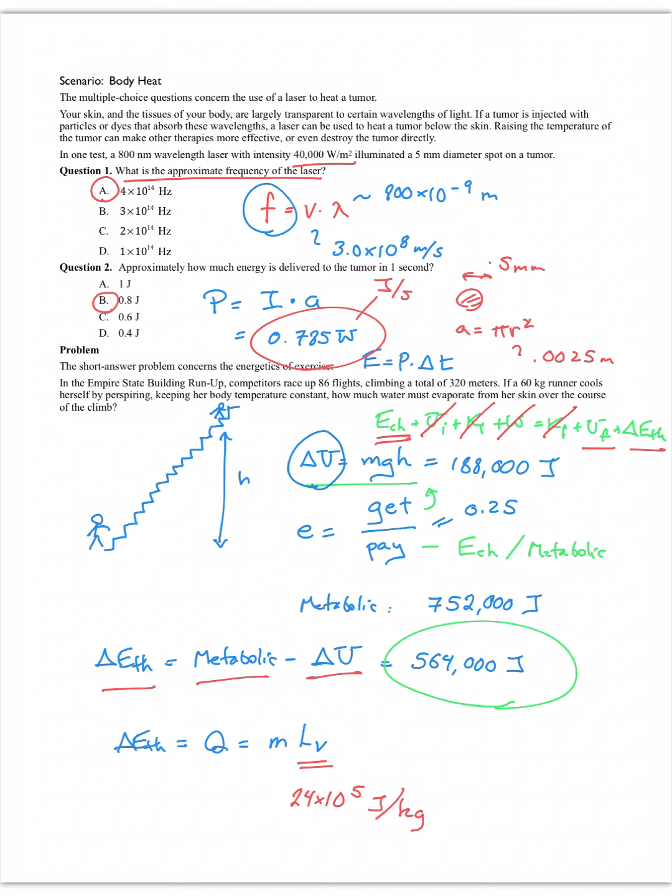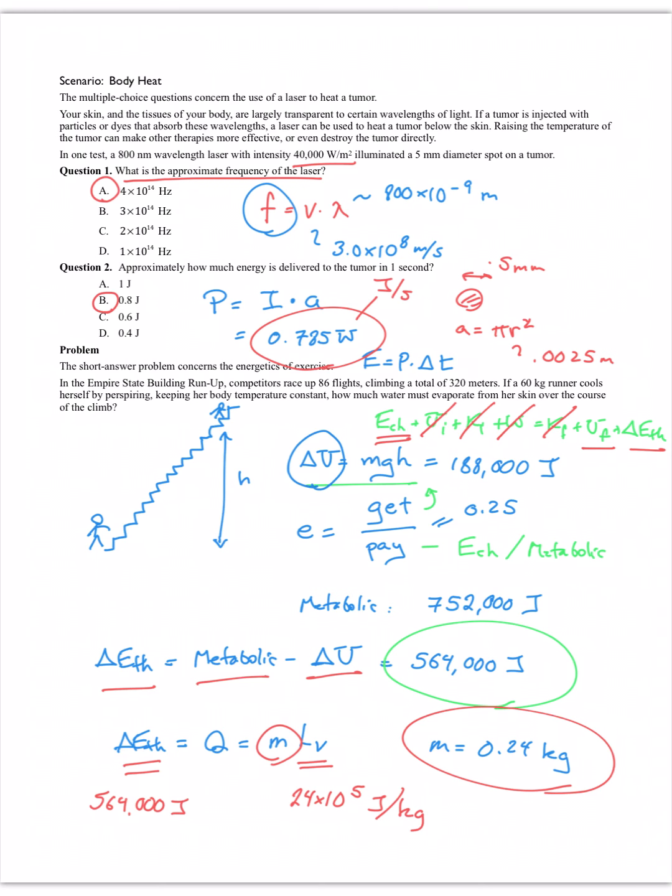That's boiling, but we're not boiling, we're just evaporating. And we know the change in thermal energy, that's 564,000 joules. So we can calculate how much water has to evaporate from her skin. If we do that, we get a value for the mass of 0.24 kilograms. That's about 1/4 of a liter, so it's not very much, as it turns out. And that is consistent with other numbers that we've seen.